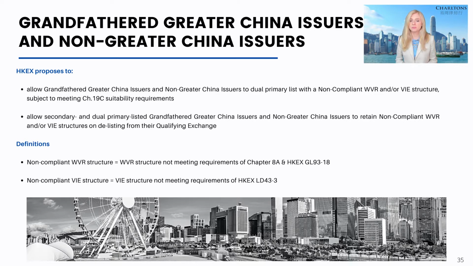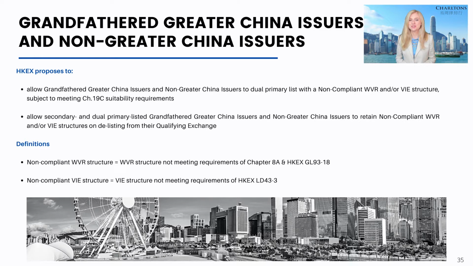However, it's currently possible for grandfathered Greater China issuers and non-Greater China issuers to obtain a dual listing while retaining a non-compliant weighted voting right and/or VIE structure through a two-step route.